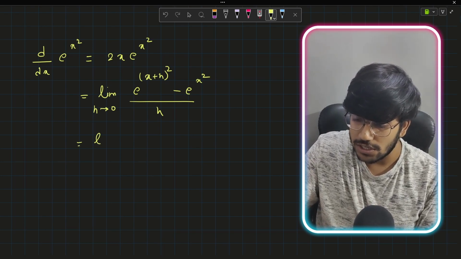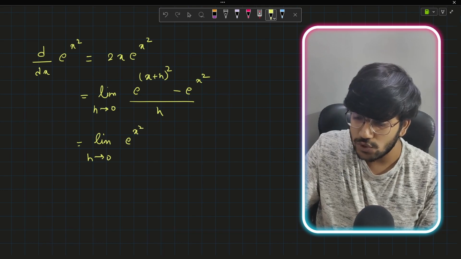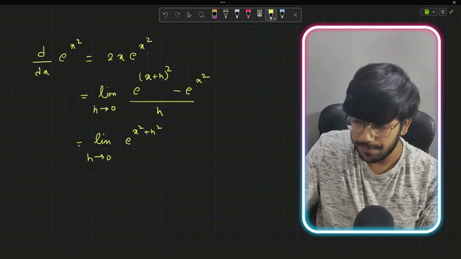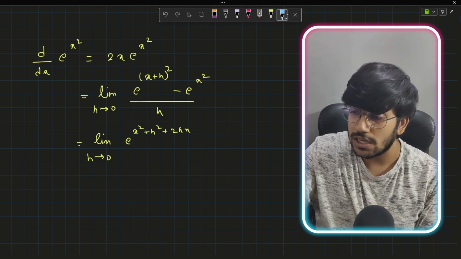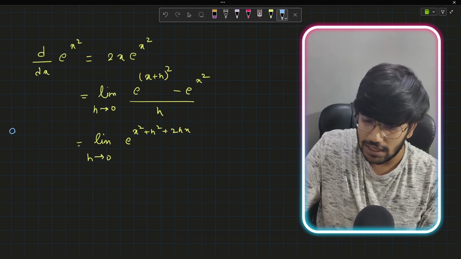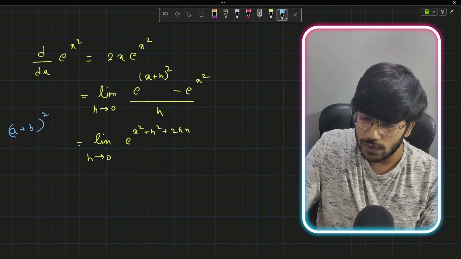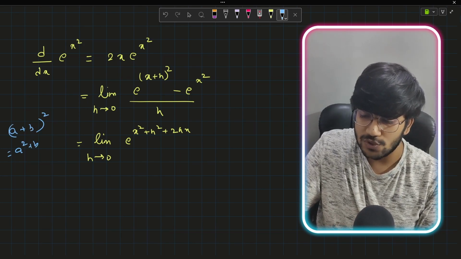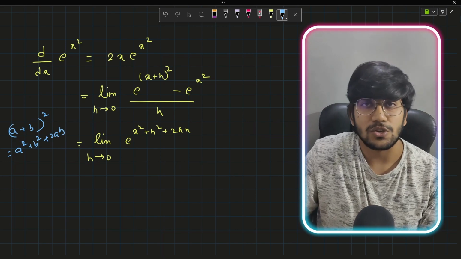I can just rewrite this as limit h tends to 0, e to the power x square plus h square plus 2 times h of x, using the formula (a plus b) whole square is equal to a square plus b square plus 2ab, but you already know that.